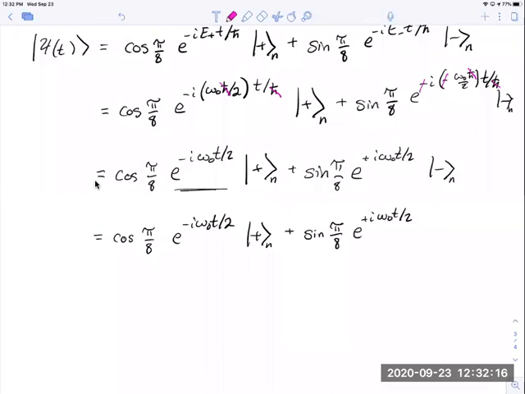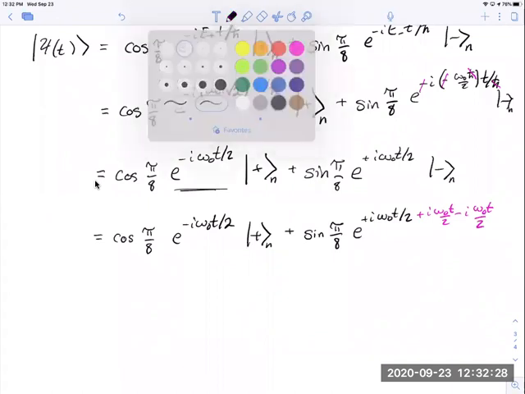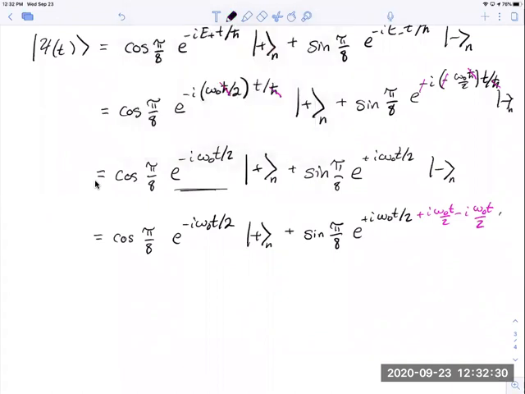I'm going to do the fancy add 0 trick here, where I go plus i omega naught t over 2 minus i omega naught t over 2. This, along with the multiply by 1 trick, are incredibly useful. So I am going to keep these two together, and this is the one that I will factor out.